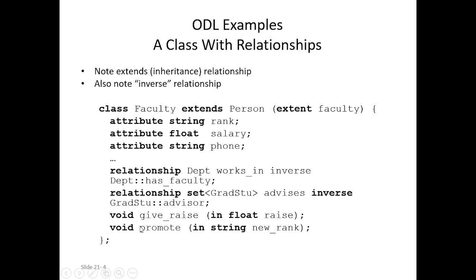Operation names are unique within each object type, but they can be overloaded by having the same operation name appear in distinct object types. The operation signature can also specify the names of exceptions that can occur during operation execution.